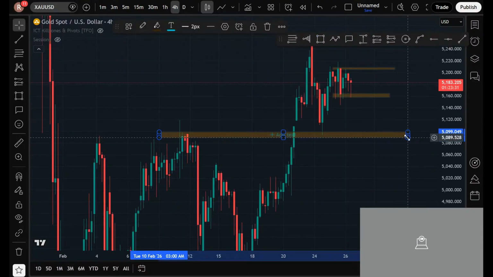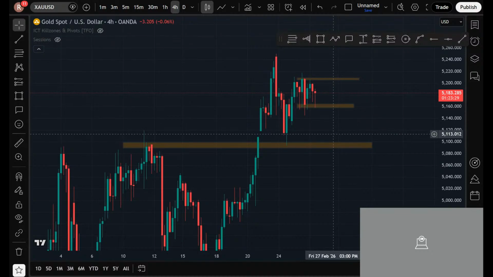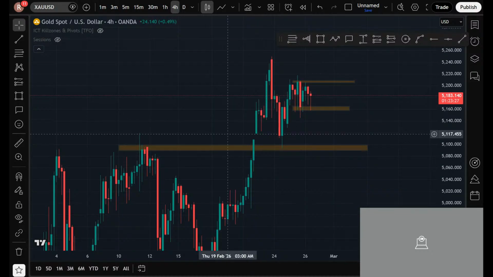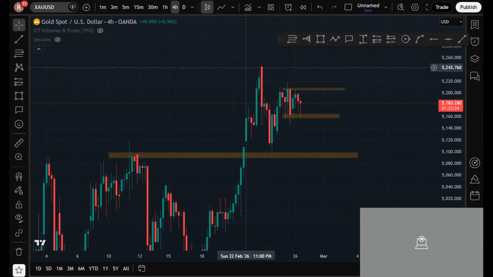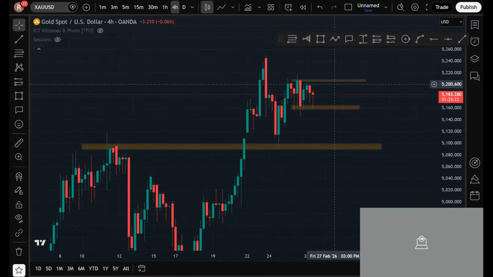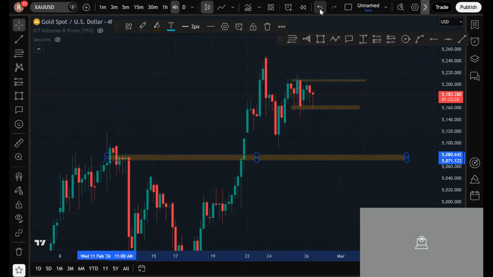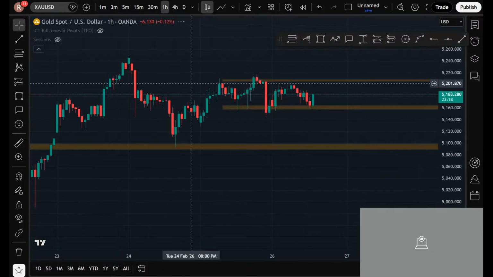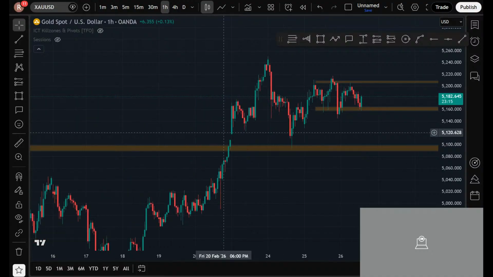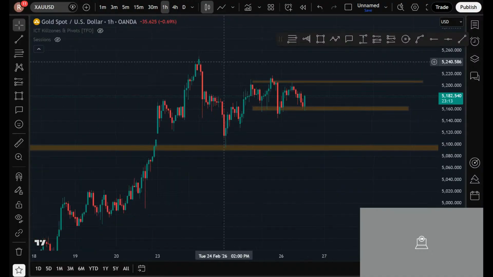They recently bought from here. From here, this should go up to this area. Hourly time frame now looks so choppy, right?